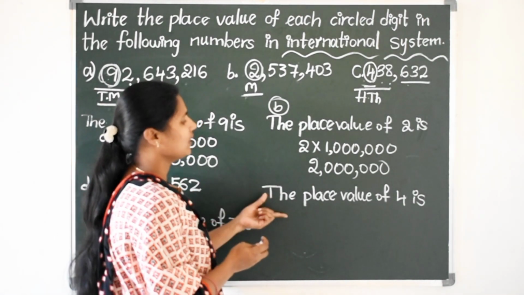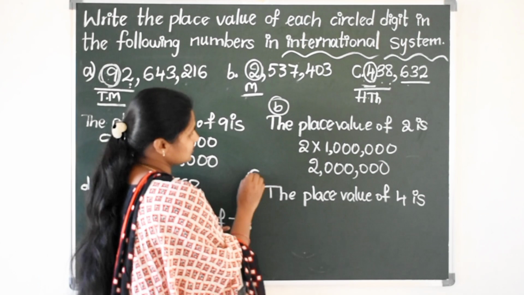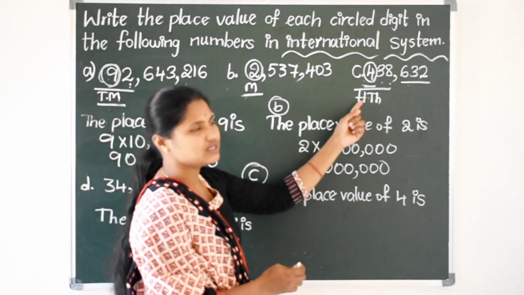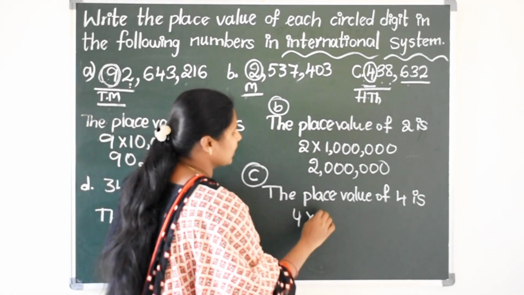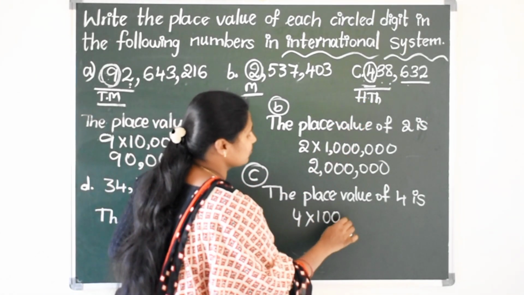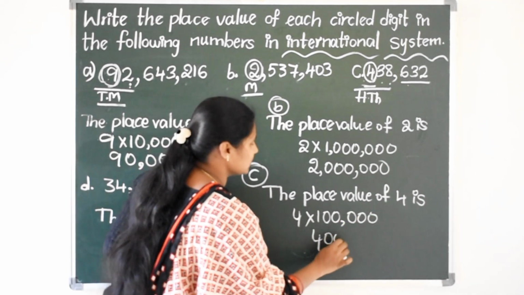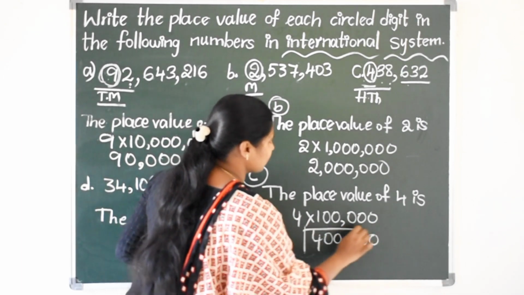So multiply 4 with 100,000. 4 into 100,000 gives 400,000. The place value of 4 is 400,000.